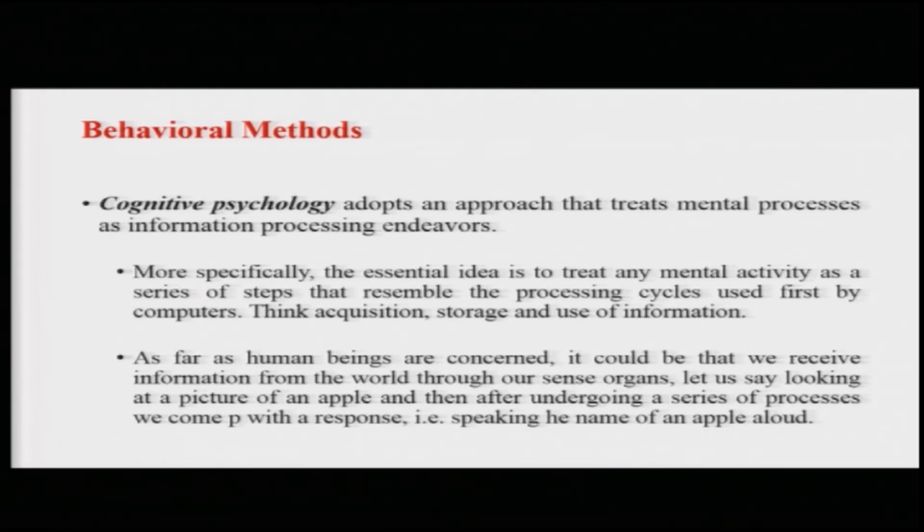Simple things like acquisition of information, storage or manipulation of information, and then using that information to arrive at, say, what response I want to generate, what specific response I will choose and execute. As far as human beings are concerned, we receive information from the world through our senses. We have five senses: vision, audition, touch, taste, smell.